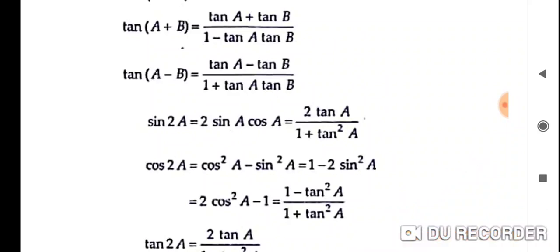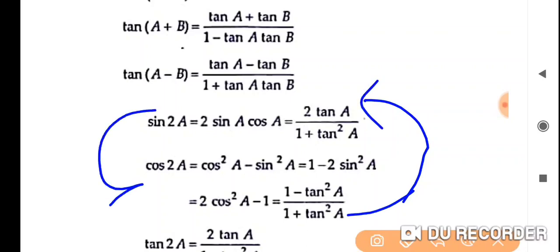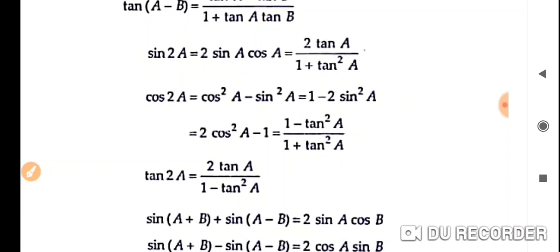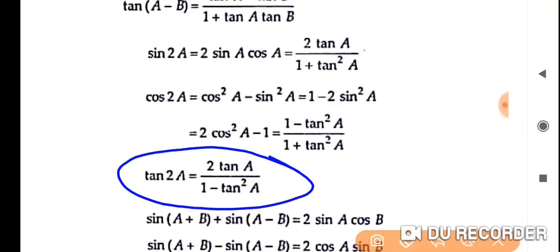Dividing both of these equations, we will get tan 2A equals 2 tan A divided by (1 minus tan²A).